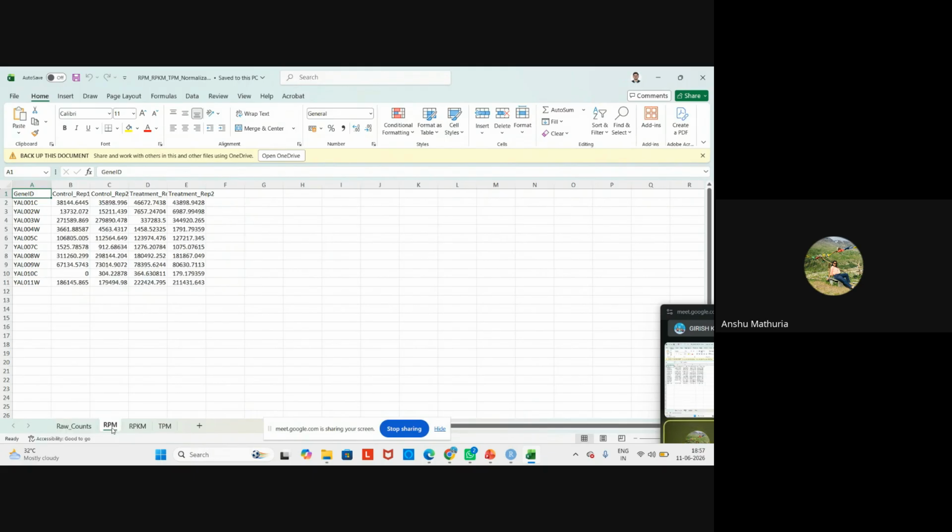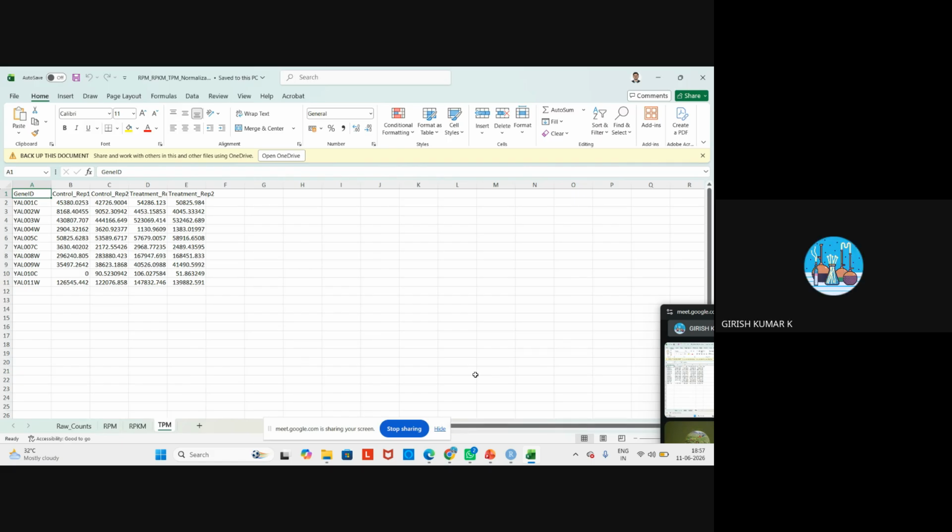This is the RPM value after the calculation is done. This is the RPKM value. Just stay on the RPKM slide once. Yes, ma'am. Correct. Next, it's TPM, ma'am.